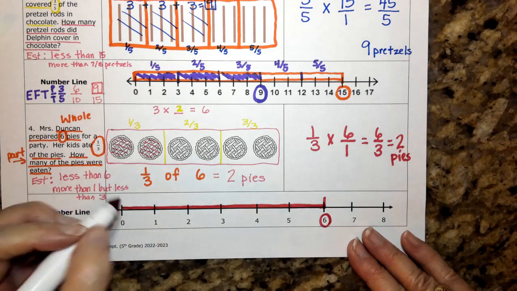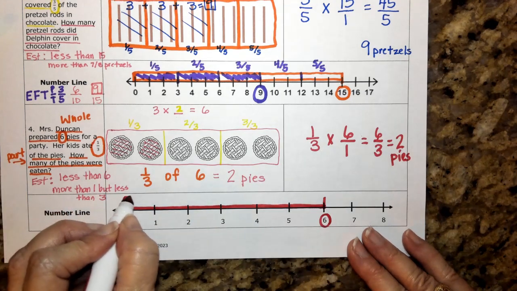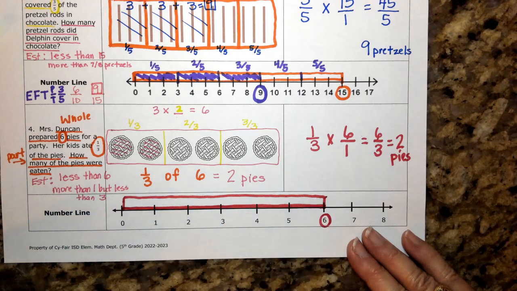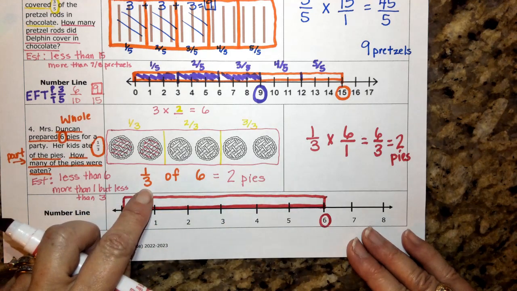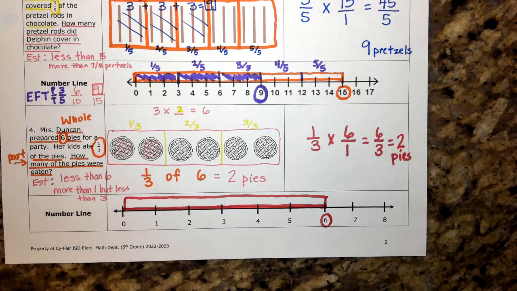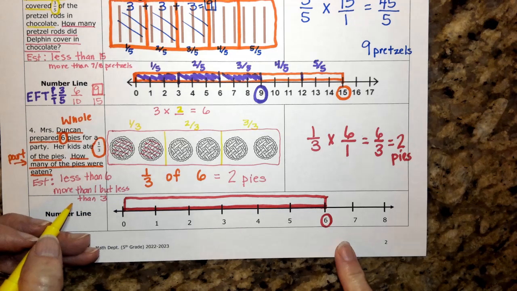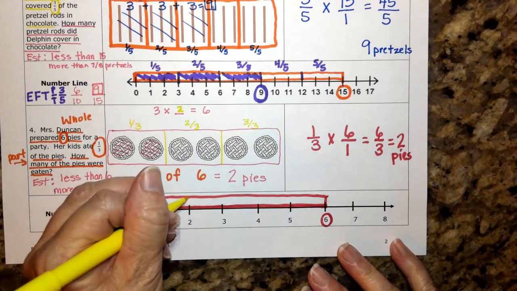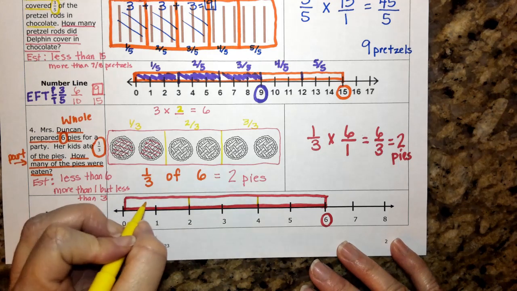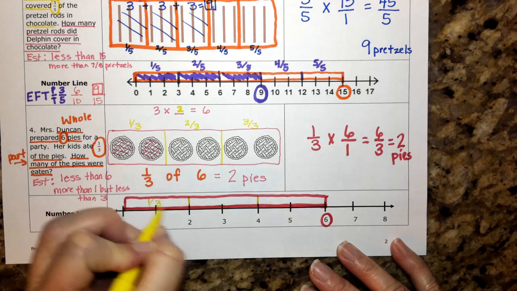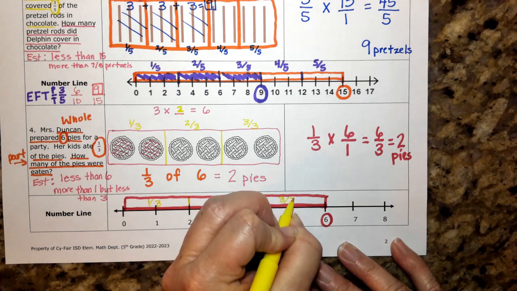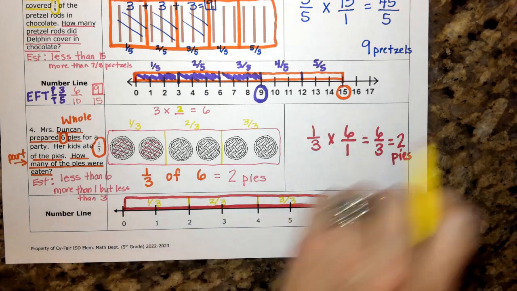And just like we did with our picture, we want to think about how can we divide this group of 6 into 3 equal groups, because our denominator is 3. So if I cut this group of 6 into 3 equal groups, that means that I have 2 in each group. So this would be 1/3 of the group, this would be 2/3 of the group, and 3/3 of the group, just like my picture.